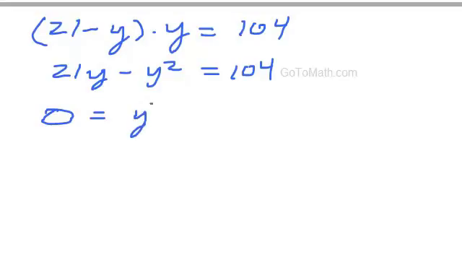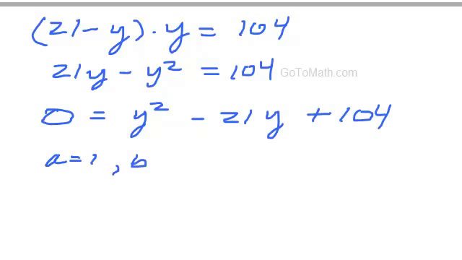So we're going to have y squared minus 21y plus 104. So we're going to use the quadratic formula where a is equal to 1, b is equal to 21, and c is equal to 104.